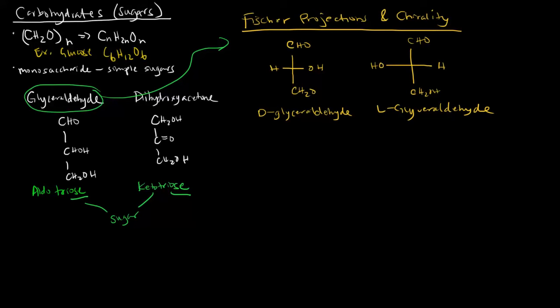So, if you recall, D sugars are the ones that we're concerned with when it comes to biology. They're the ones that exist in life forms, whereas the L sugars are not what we think about. L amino acids are in biological organisms, but D sugars are in biological organisms.